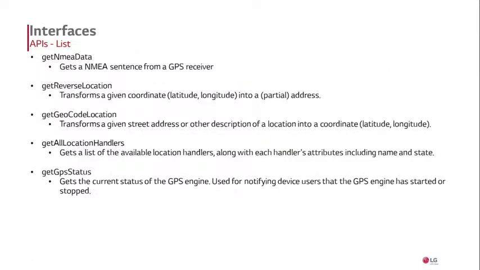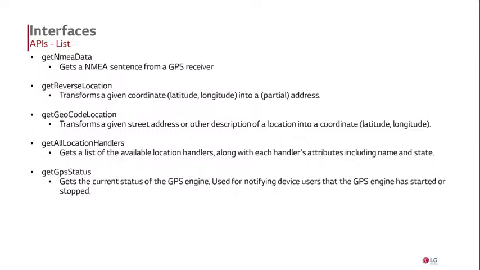Interfaces. In the API list, we have listed the APIs which are supported as part of the location service. Get NMEA data gets the NMEA sentence from the GPS server. Get reverse location transforms given coordinates, longitude and latitude, into a partial address. Get geocode location transforms a given street address or other description of a location into coordinates, that is longitude and latitude.